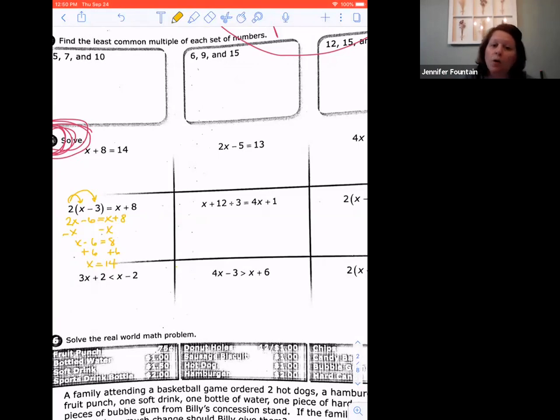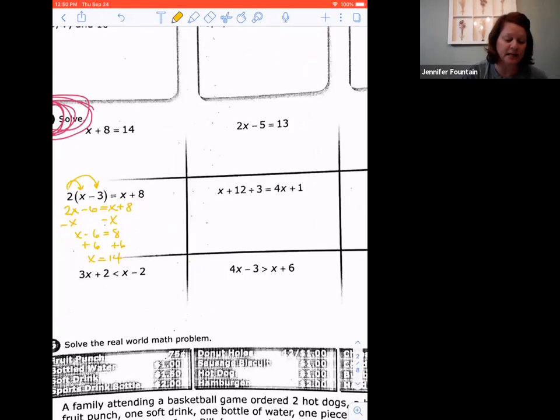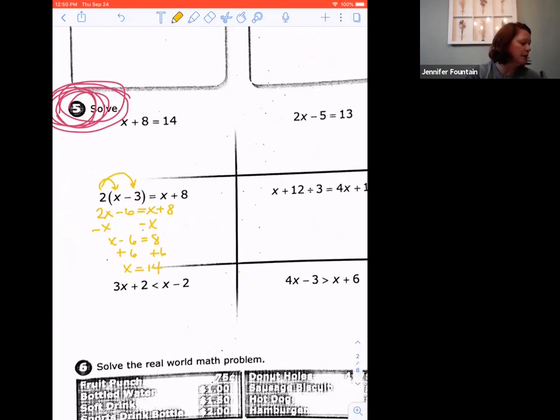And then with our inequalities, we solve them just like we do equalities, with the main difference being that if I multiply or divide by a negative number, I have to flip my sign, okay? So let's go ahead and take a look at the answers for these. And again, if there's any of them that you need me to work out, let me know.